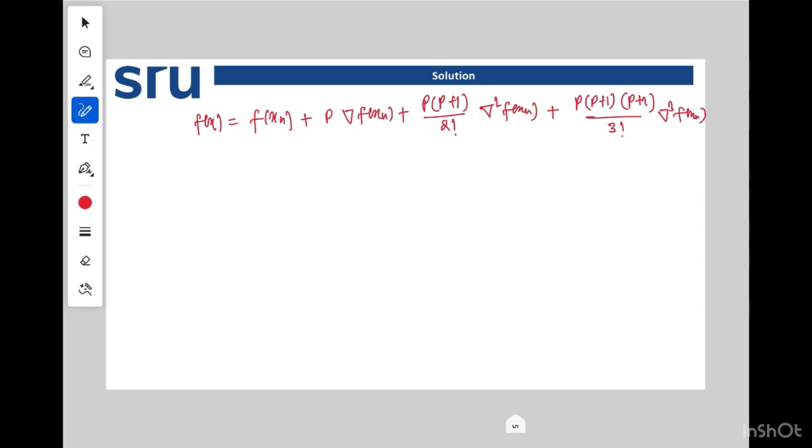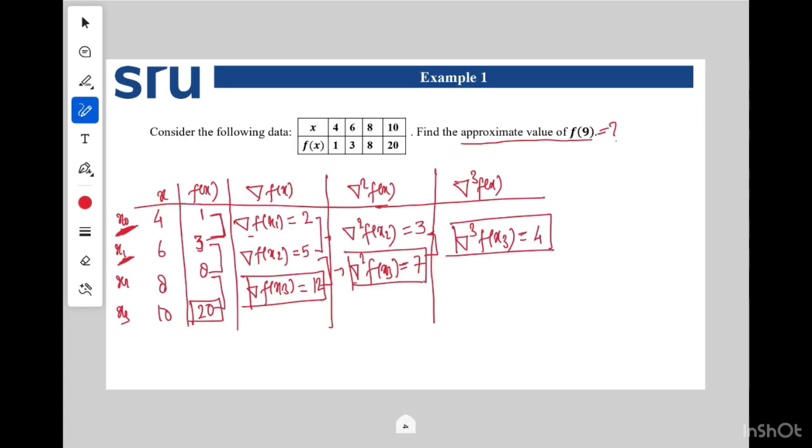Up to del cube you have to write here, because here del 4 f of x is 0.